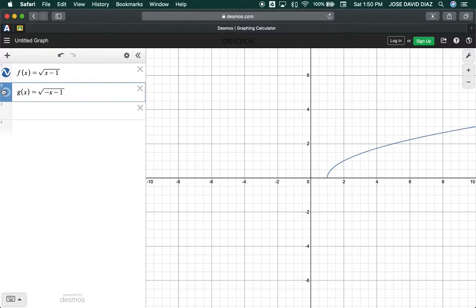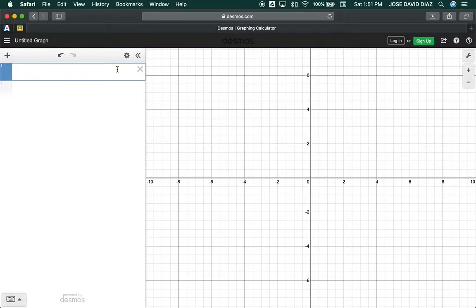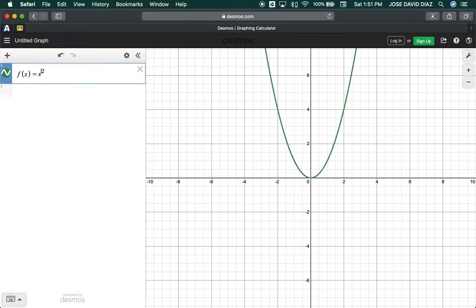Right, so that's a reflection on the y-axis for the last example, number 2b. But now let's go into Desmos and type in just a function f of x equals x to the power of 2. And I want to make this blue on the next line.